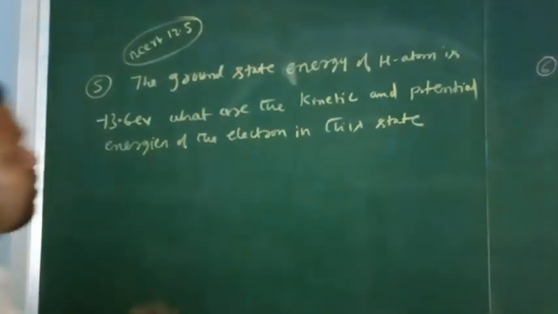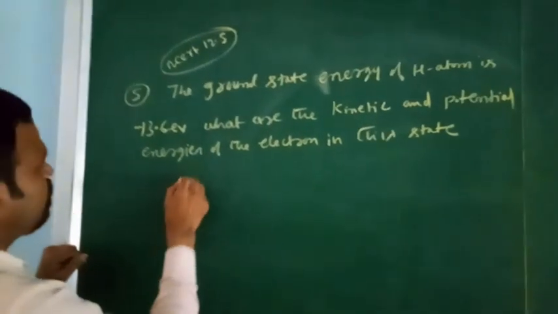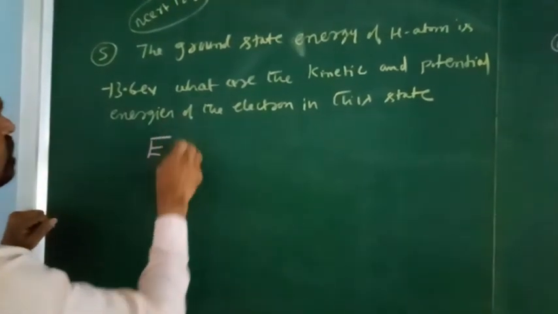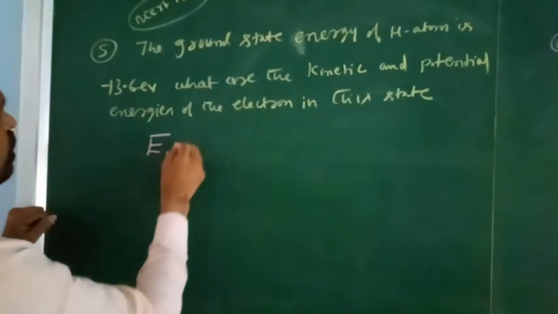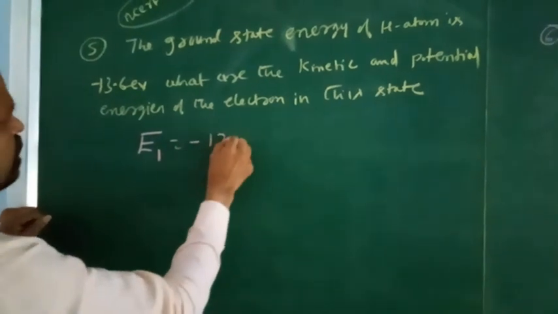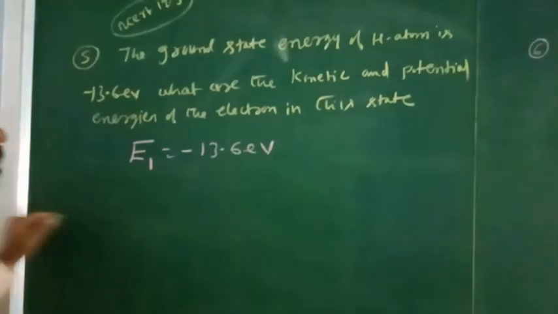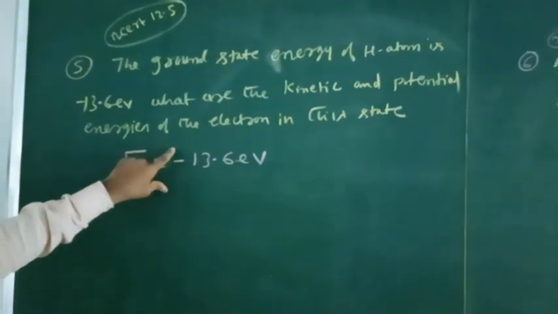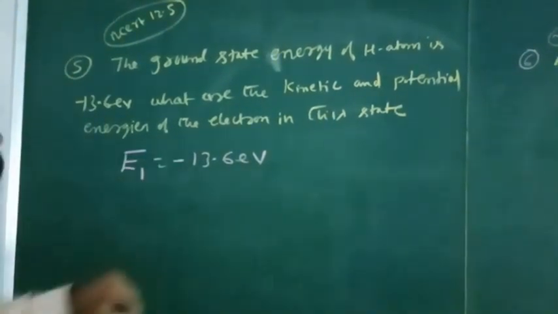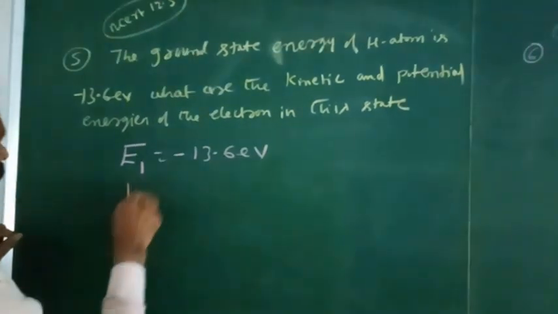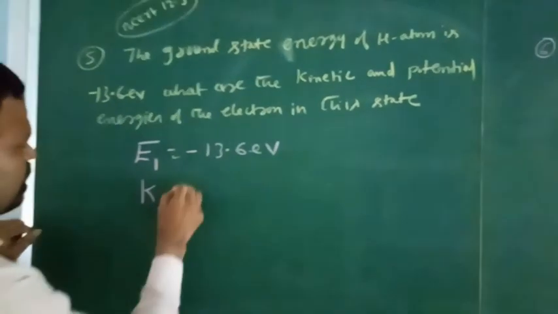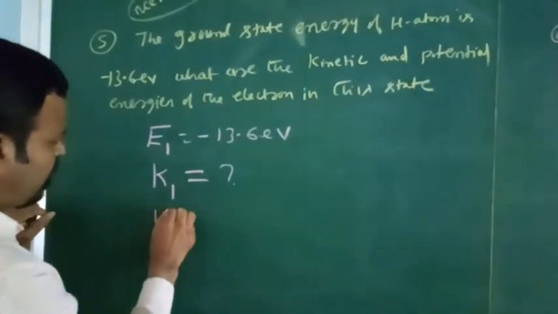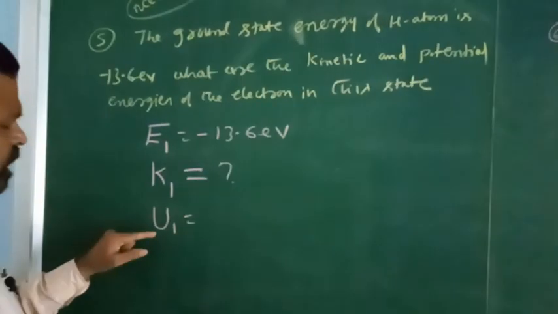Remember, the given thing is the energy of the electron present in the ground state, meaning the first orbit, is minus 13.6 eV. This is the energy of the electron present in the ground state of a hydrogen atom. Then calculate the kinetic energy of an electron present in the first orbit and also the potential energy of an electron in the first orbit.